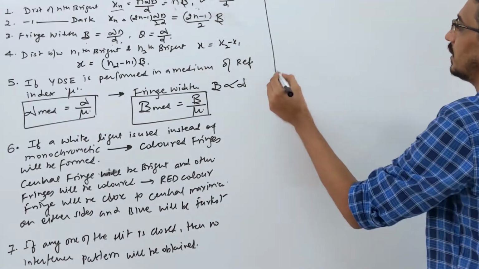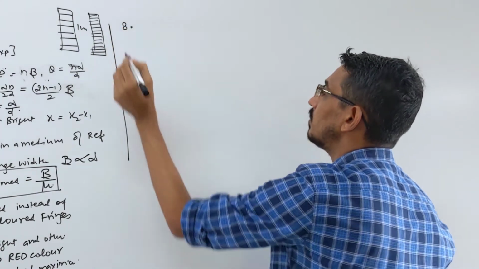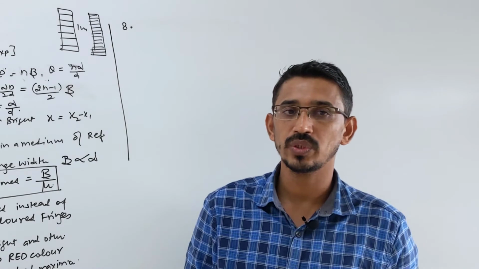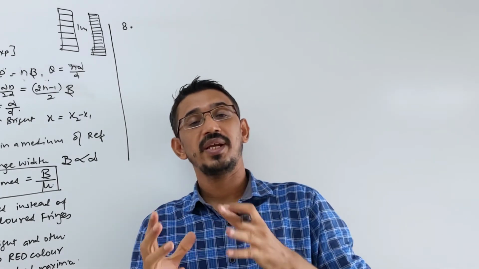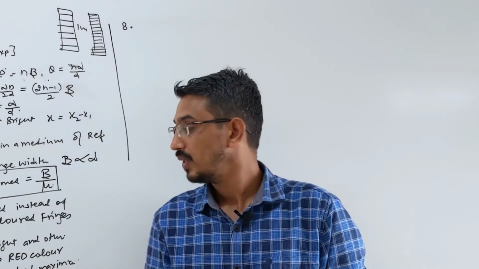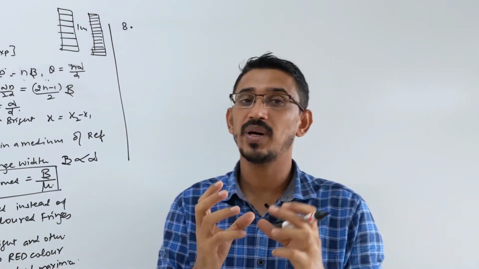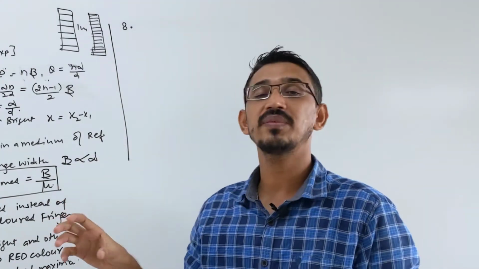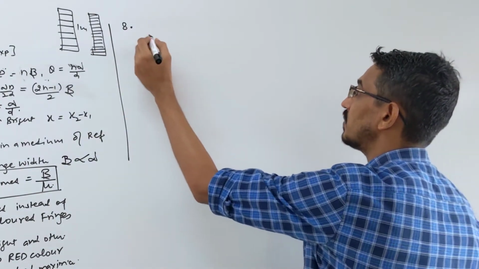Okay, let's see. Then what else do we have? Sometimes they say this: two waves are coming from two coherent sources of monochromatic light. I said the central fringe is always bright, correct. Suppose you create an additional path difference of pi in any one wave, then your central bright becomes dark. It's very important. I'm writing here, I will explain it once more.